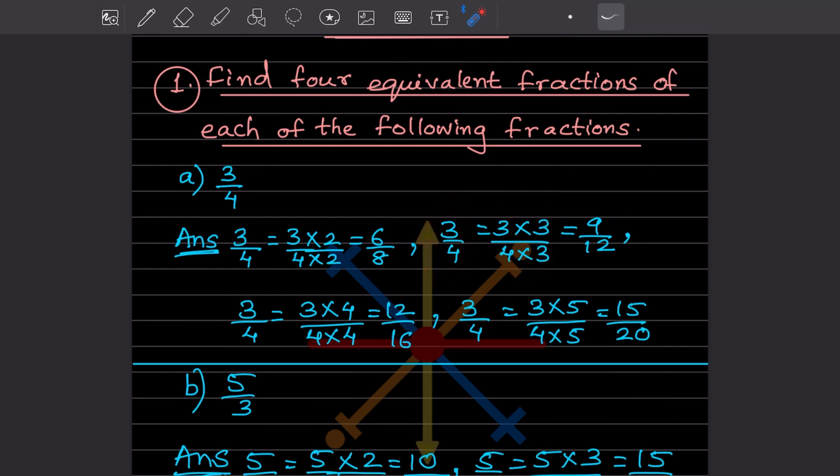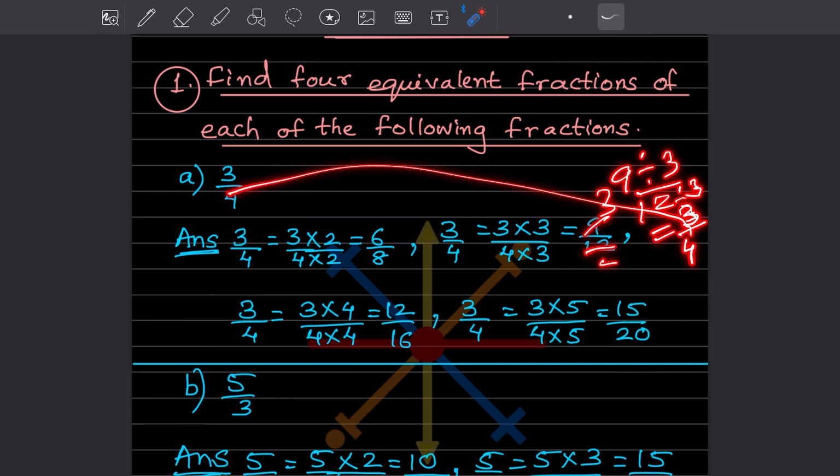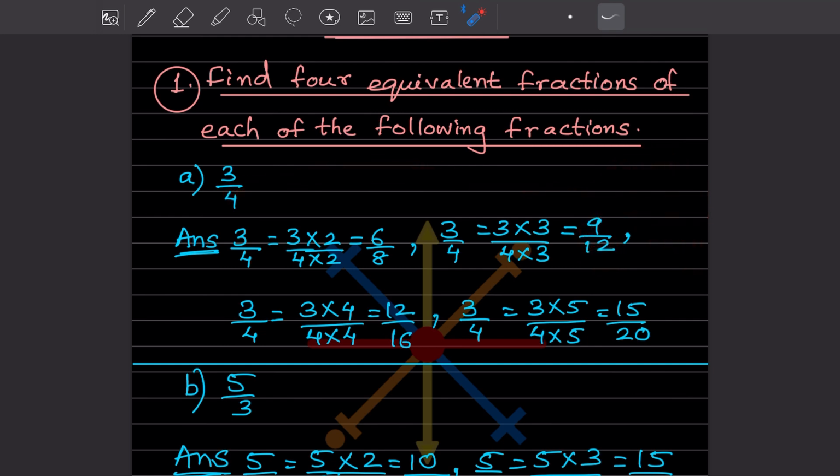Actually we should write this one, but when you simplify this, 3 twos are 6, 4 twos are 8, so you get 3 by 4, isn't it? Now look here, 3 threes are 9, 3 fours are 12. That means when you divide by 3, you get 3 by 4. Suppose we multiply this by 8.